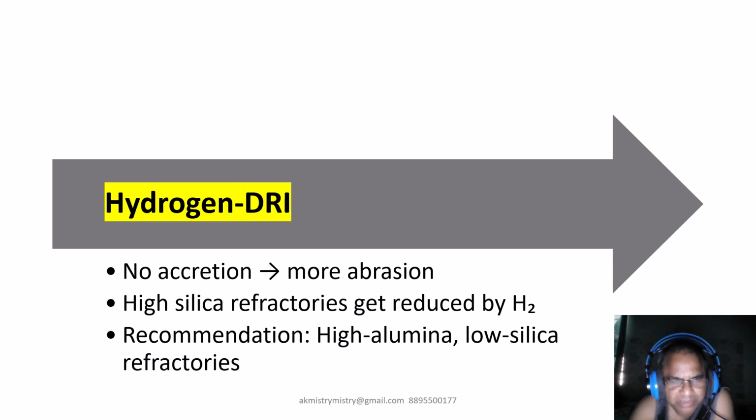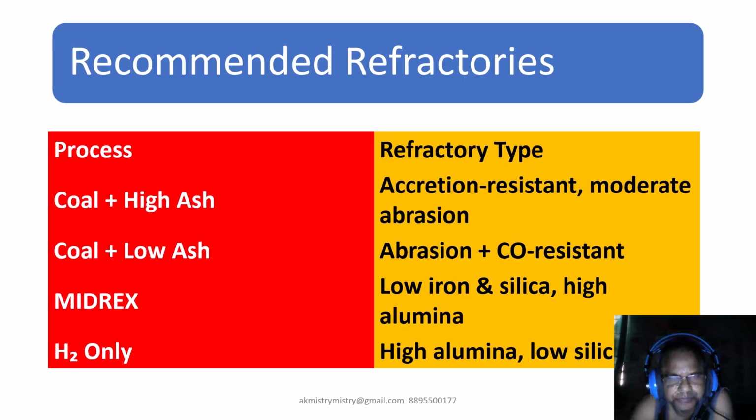And as already explained, the high silica refractory gets reduced by hydrogen and creates a lot of porous structure, and these porous structures become weaker and cannot take the load of the lateral pressure of the pellets in the vertical shaft, and finally result in damage, generation of a hot spot, and improper heat flow across the wall.